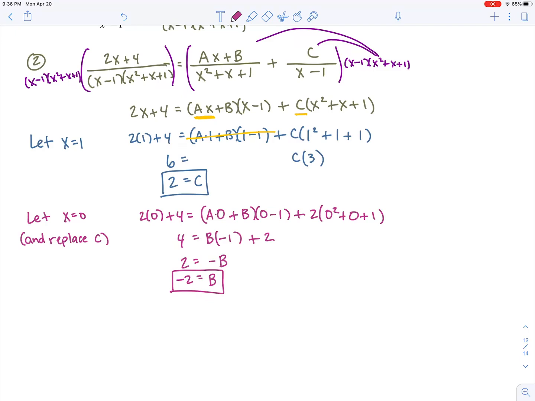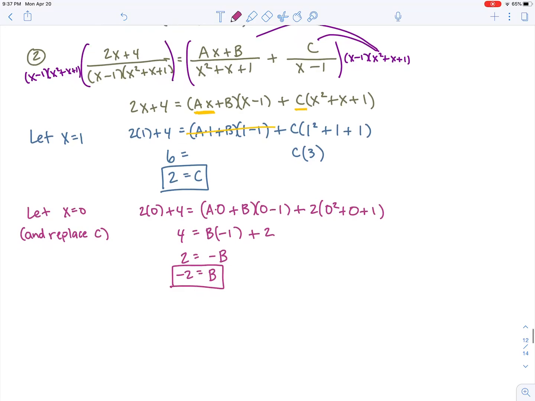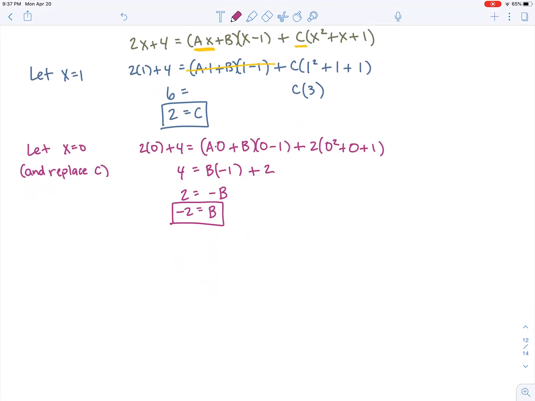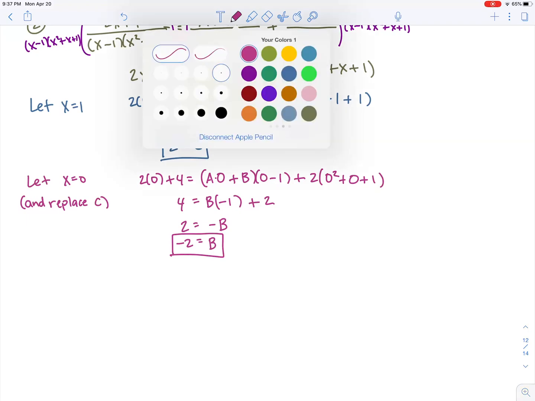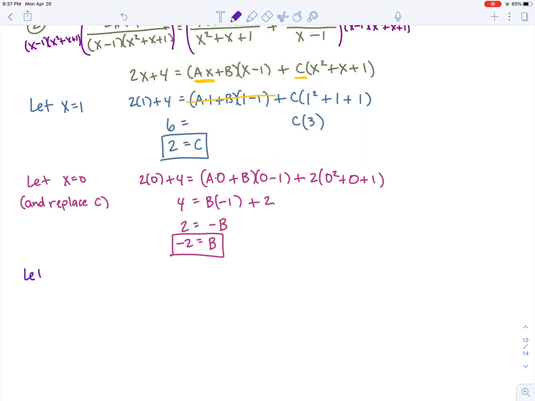Okay, so we still need to solve for a. We can do that by plugging in anything for x that we want, other than 0 or 1. We've already used those. Those won't do us any good. And then also replacing b and c with their now known values. So I think I will replace x with 2. I was thinking maybe negative 1, but I think I'll go with 2. Why not?